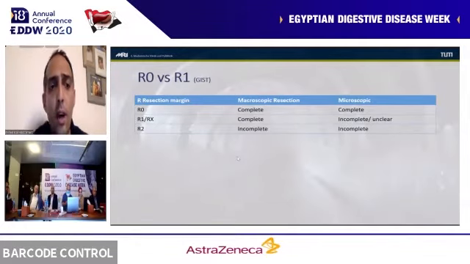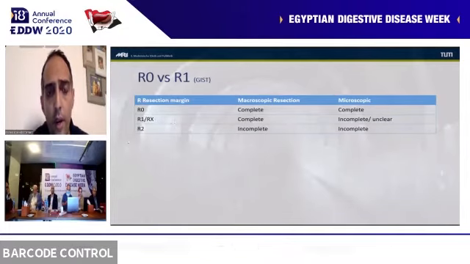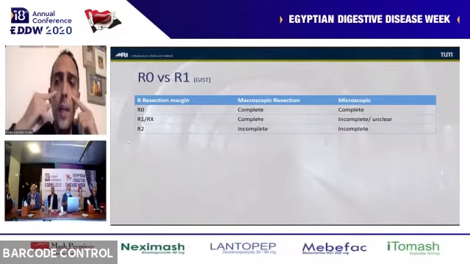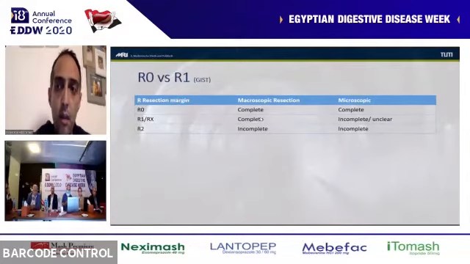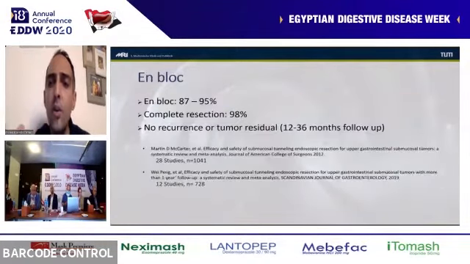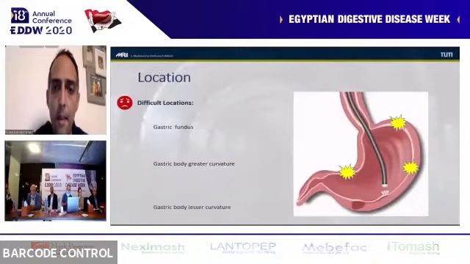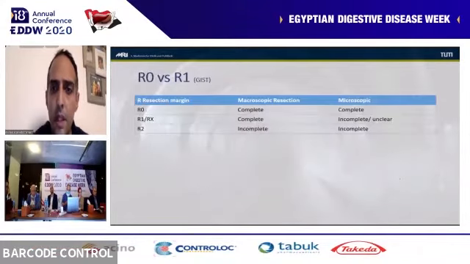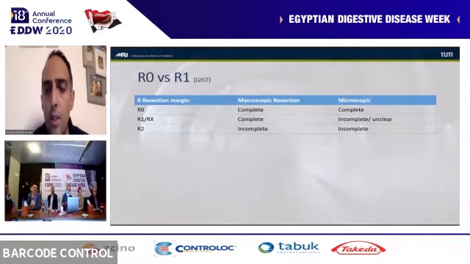We will have an R1 or RX situation if we endoscopically believe we removed everything, we don't see any tumor anymore, but the histologist is uncertain or says it is incomplete. R2: if endoscopically and the histologist tell us it is incomplete, then it is R2.